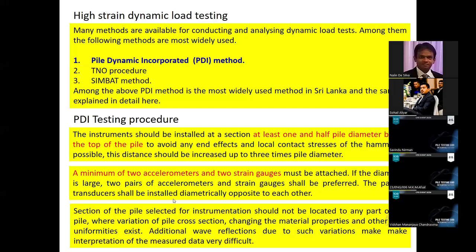You have to make sure that the section used to attach the sensors is free from any defects, right? It should have a uniform cross section, no material quality issues. Otherwise, the interpretation becomes very, very difficult. So you have to select a proper section for the installation.